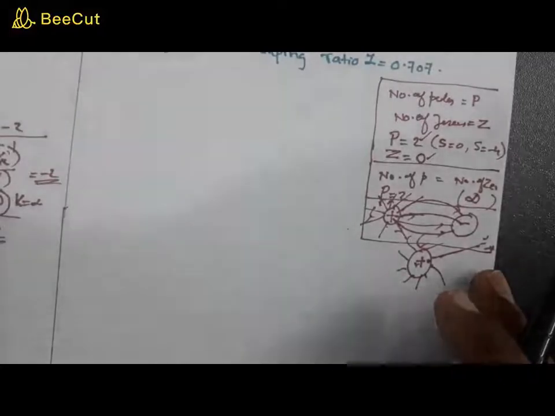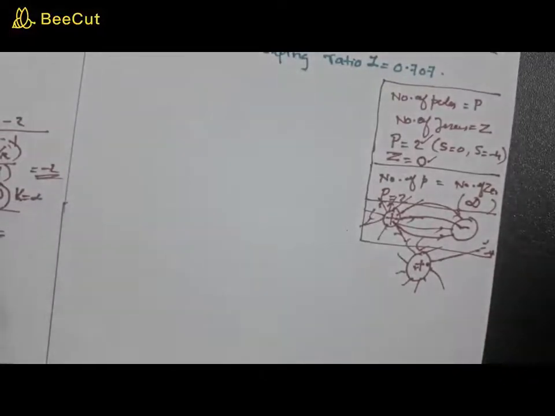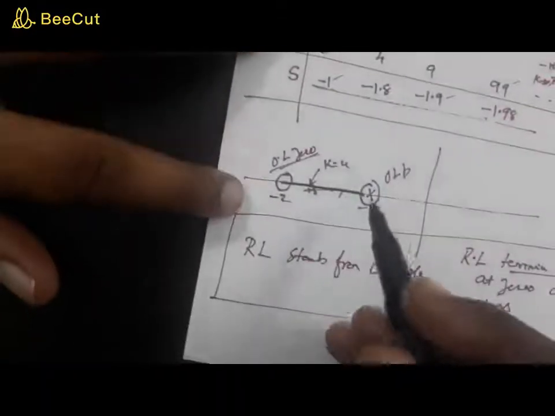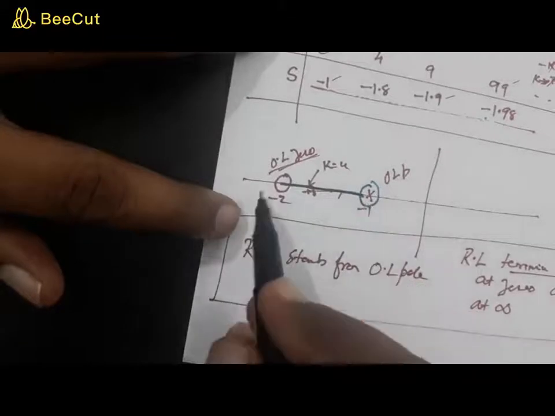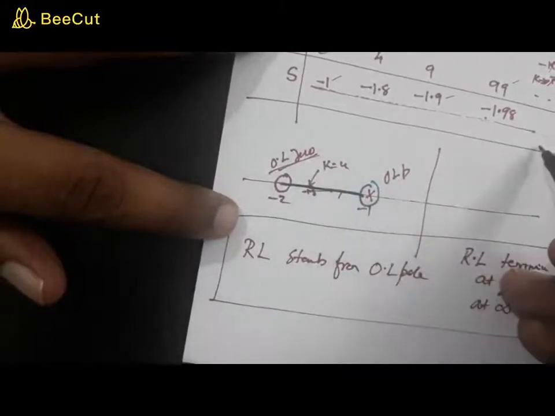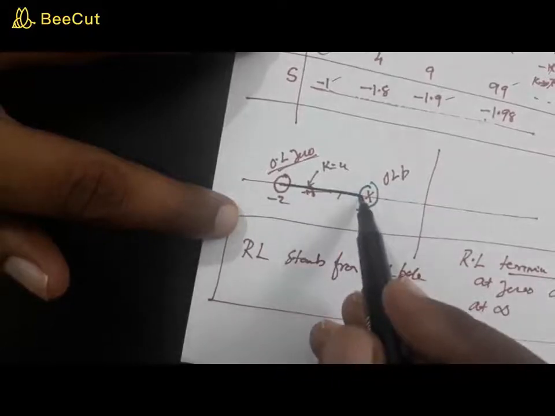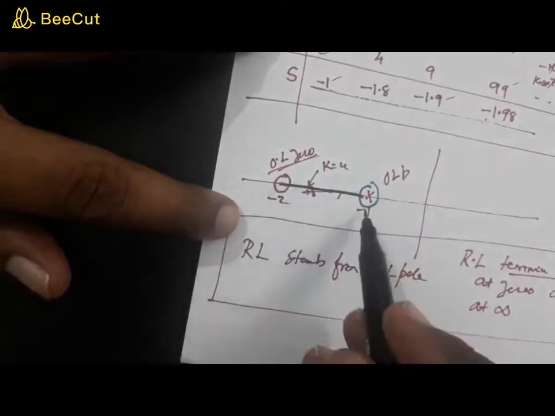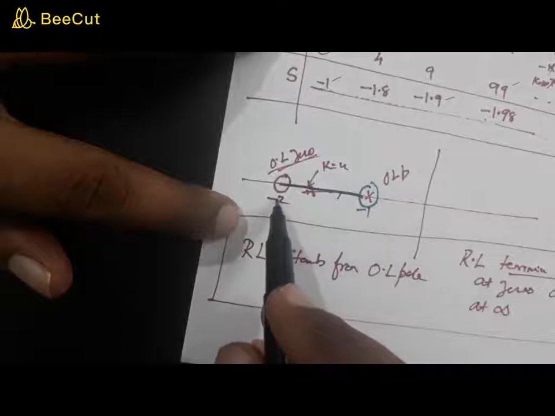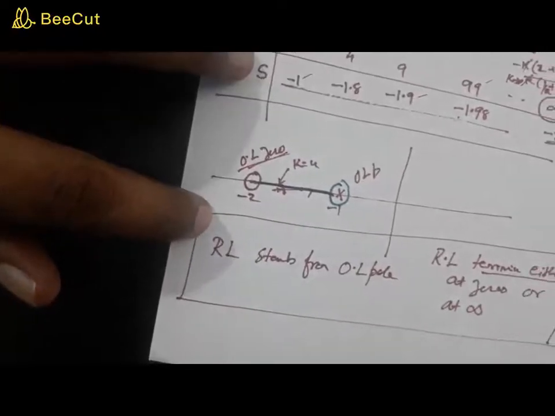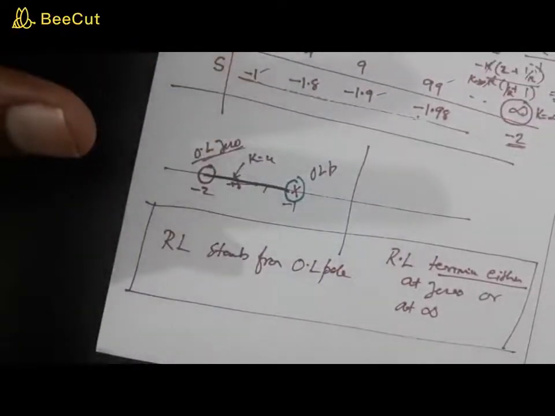Or if there are zeros, then the poles will terminate at a zero. That's the logic. Now, as you have seen in this example, say you have a pole and a zero. This pole is never going to infinity. Why? Near this pole you have a zero. So definitely this pole will move towards the zero, just as a positive charge moves towards the negative charge. Hope things are clear.